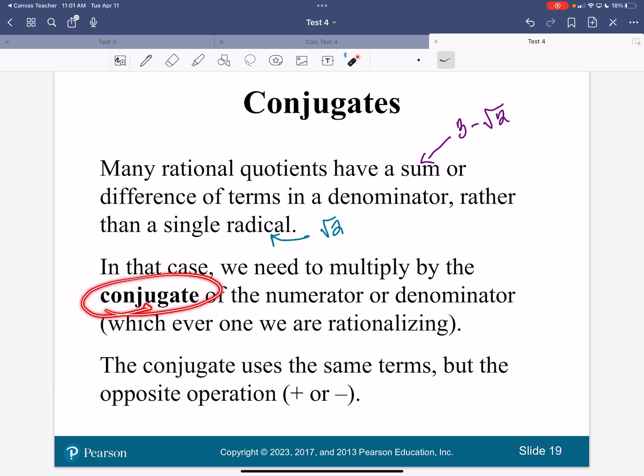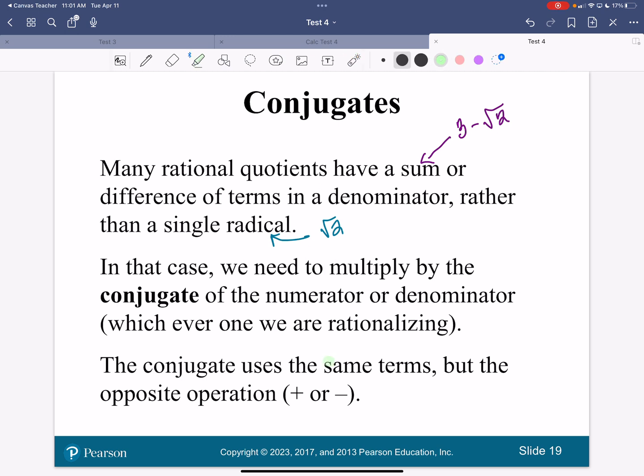So think difference of perfect squares. In that case, we need to multiply by the conjugate of the denominator. We are focusing on the denominator. We're not rationalizing the numerator, we're rationalizing the denominator. The conjugate uses the same terms, but the opposite operation.